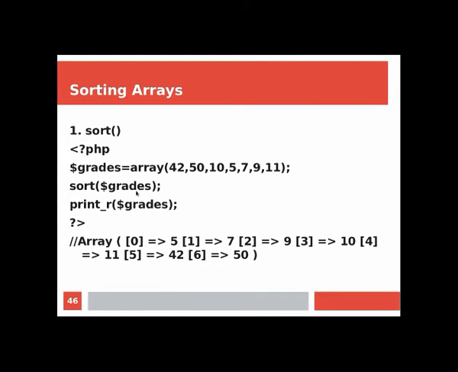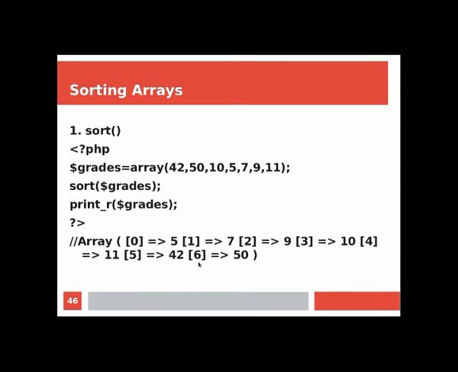Here $grades we already declared as an array. Then the next statement, print_r($grades); Because of print_r, the complete array will be printed, and then the end of the PHP tag.